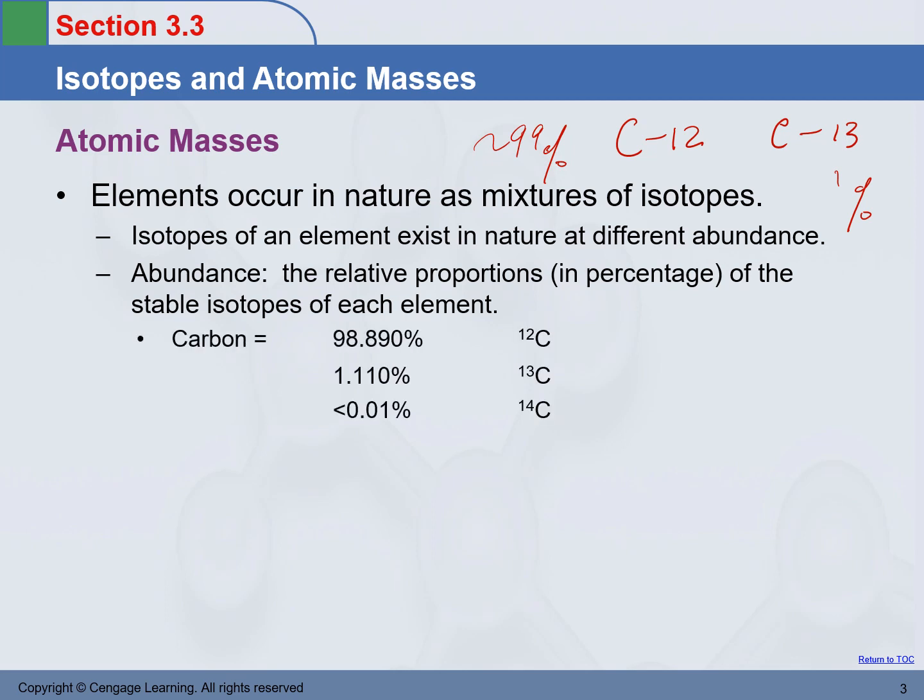Here are more accurate numbers. Carbon 12 is 98.89%, carbon 13 is 1.11%. There's also carbon 14, but its abundance is very low. The amount of carbon 14 is very small. Those are abundances.